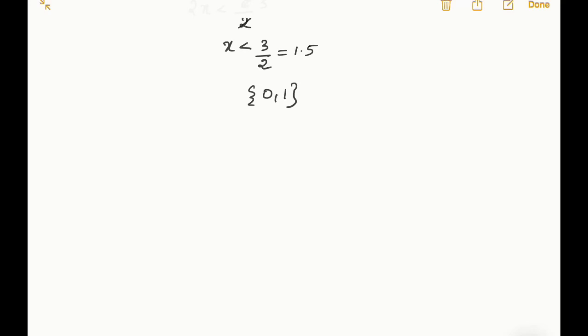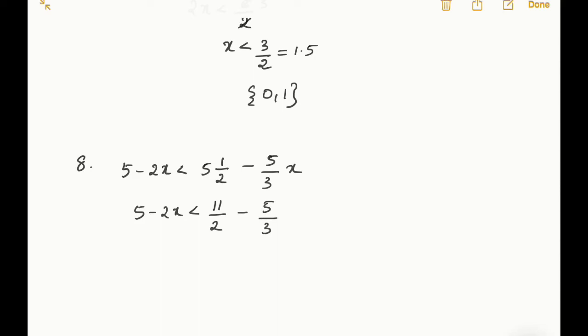eighth question. Okay. Find the smallest value of x for which? Eighth question. 5 minus 2x less than 5 1 by 2 minus 5 by 3 x. So 5 minus 2x less than 5, 2 twos are 10, 10 plus 1, 11 by 2 minus 5 by 3 x.